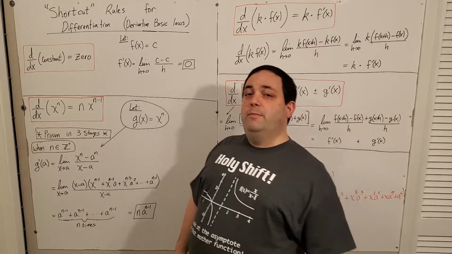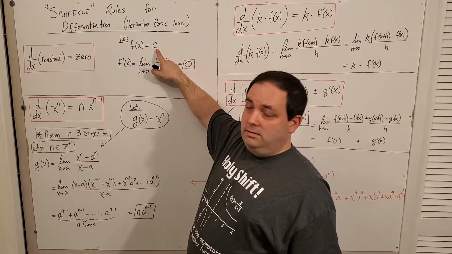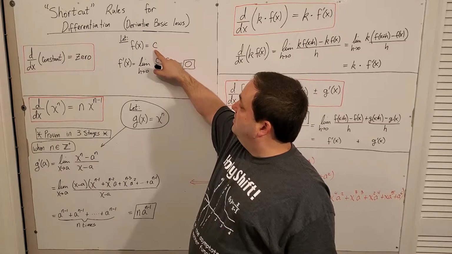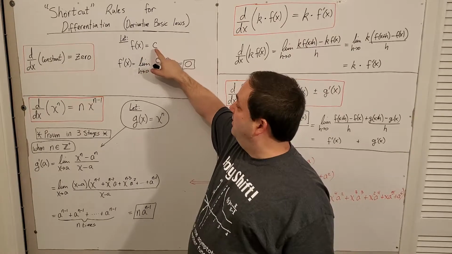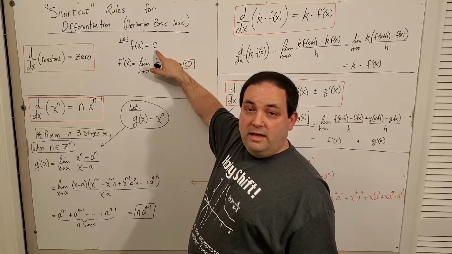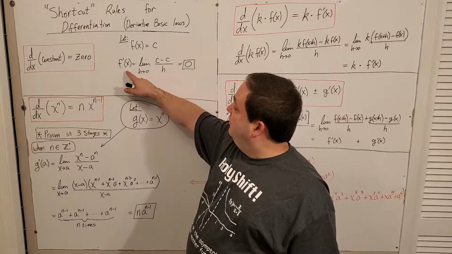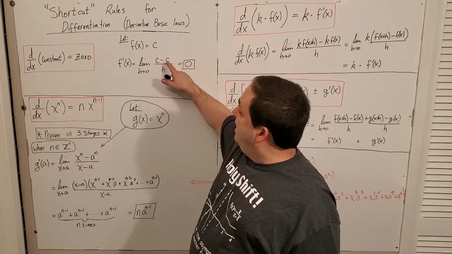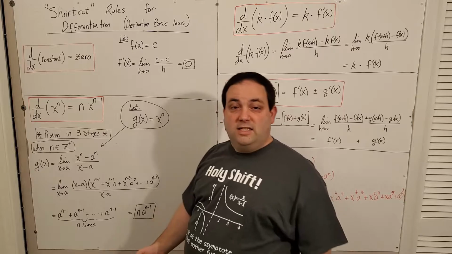But we can also prove it mathematically. If I let a function equal some constant, it doesn't really matter what this is, as long as it's not something that depends on x, just some value other than anything that relies on x. Then if I take the derivative, f of x plus h and f of x would both be c, because plugging in a different x doesn't give a different value.